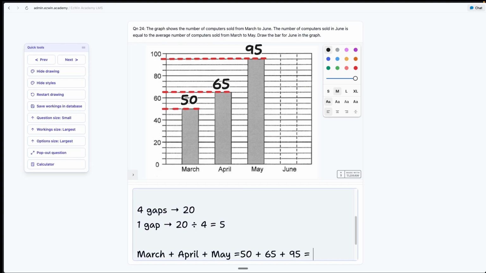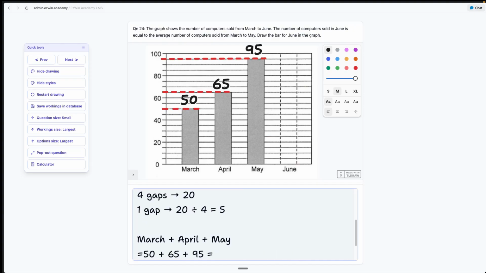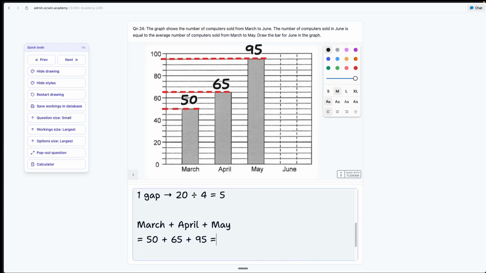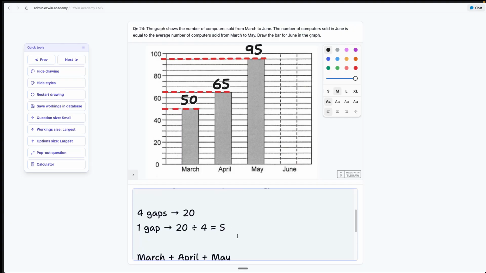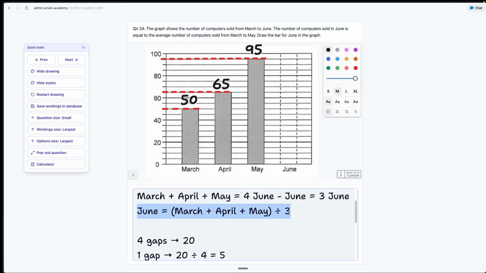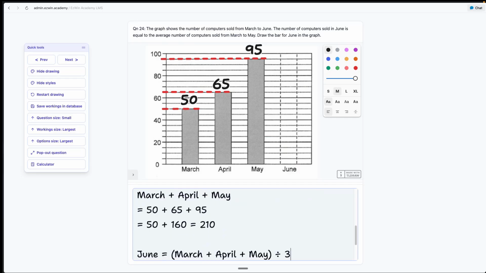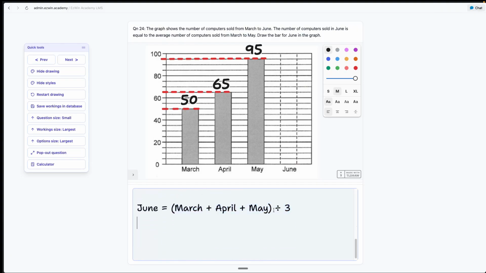Okay, and this will equal to, if I were to just calculate this, 50 plus 65 plus 95 is essentially just 160, and this will give 210. So now we know that June is basically March, April, and May divided by 3. So we just swap this out to 210.